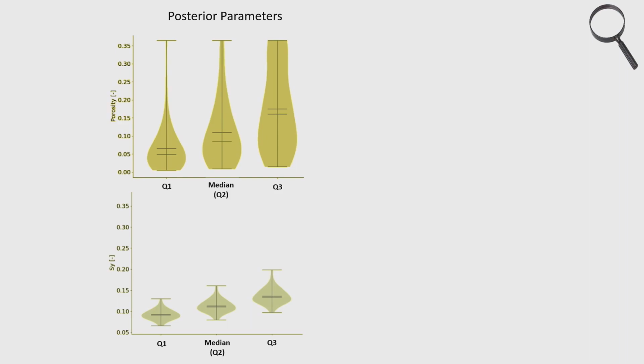Here we have the results of the posterior parameters for the unit of interest, for the unit where the mine workers are located. And here I present statistics for the members of the ensemble. For the median, I'm presenting all the median values from all the realizations, the 25th percentile and the 75th percentile for porosity and specific yield.